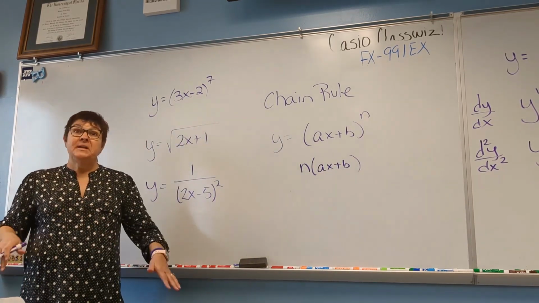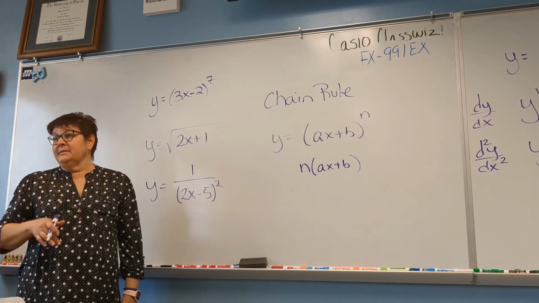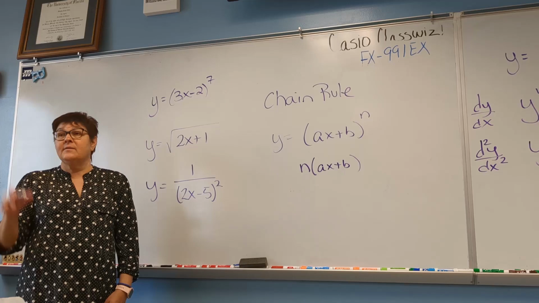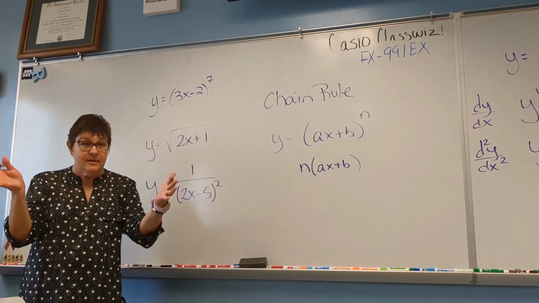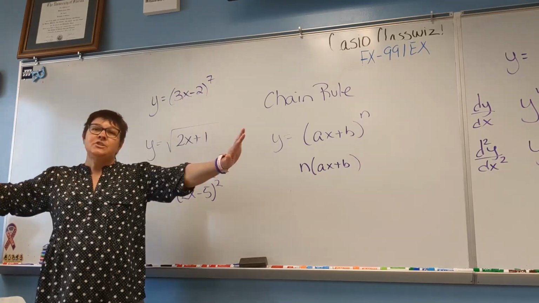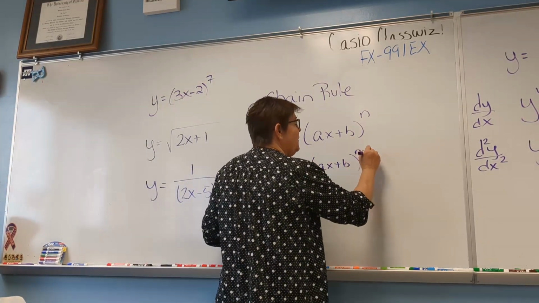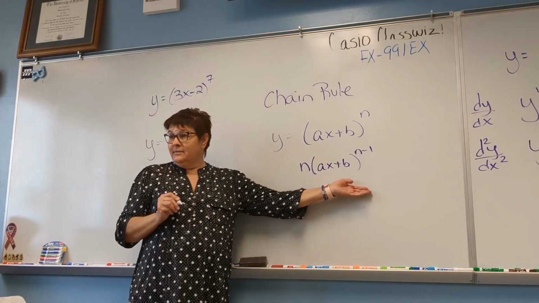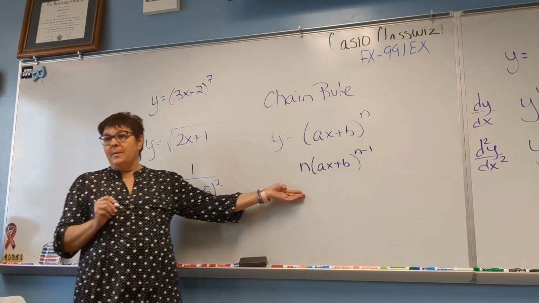I don't care what it is, you're just going to rewrite the junk. Okay? In this case, I have ax plus b. It could be like x squared plus 2x plus 5 in the middle. That's junk. Rewrite it. So exponent to the front, rewrite junk. Subtract 1 whole from the junk. Does that look remotely familiar? It's like the power rule coming into play.